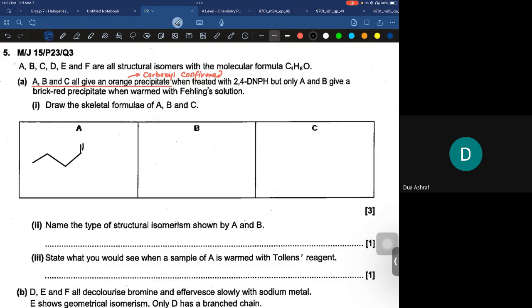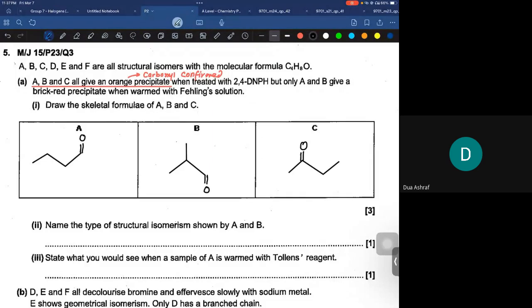This is your A, okay, and this is your B. Both are aldehydes, okay, with 4 carbon atoms. And C is this. I can make it a ketone. See how easy it is, this is a very baby topic.